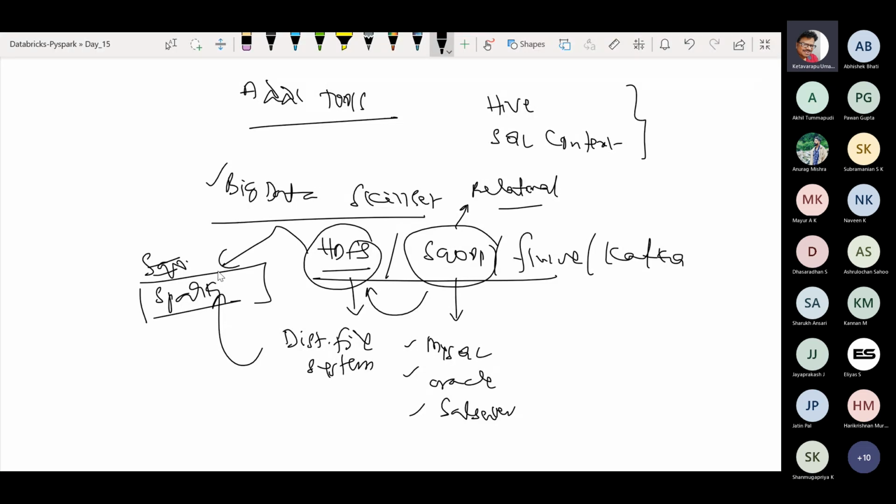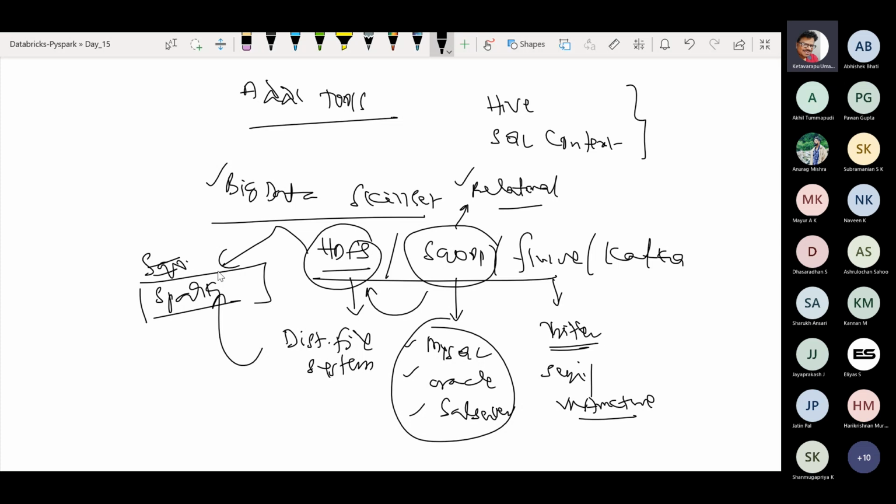So the relational model kind of aspects are handled by Scoop. From that relational data, we are posting our data into the Hadoop distributed file system, which will be placed in the Spark. Again, Spark can use that data.